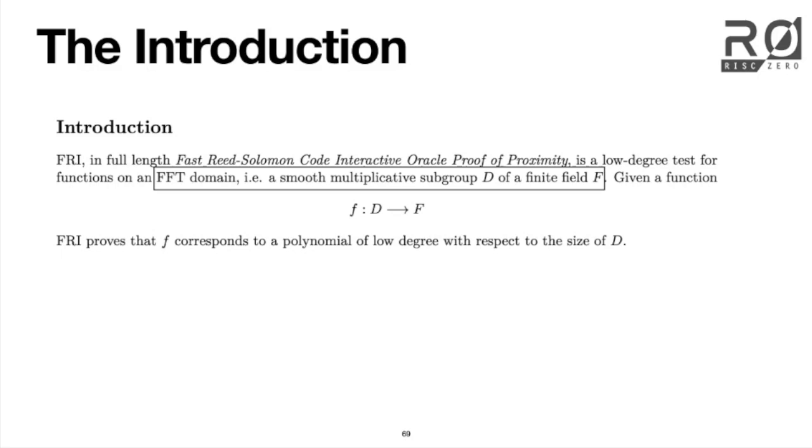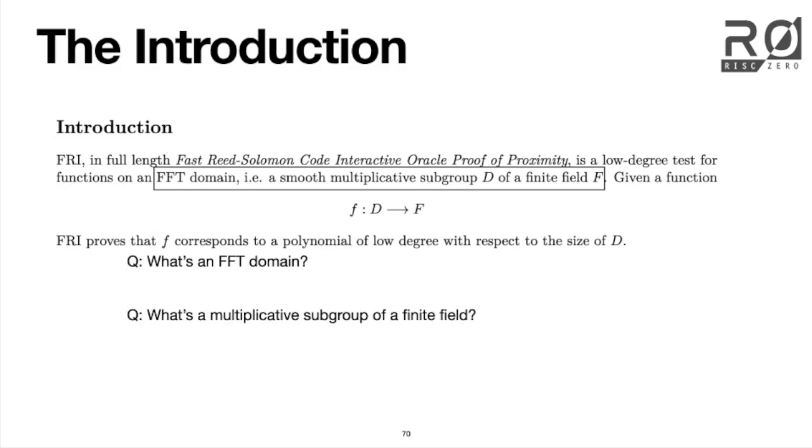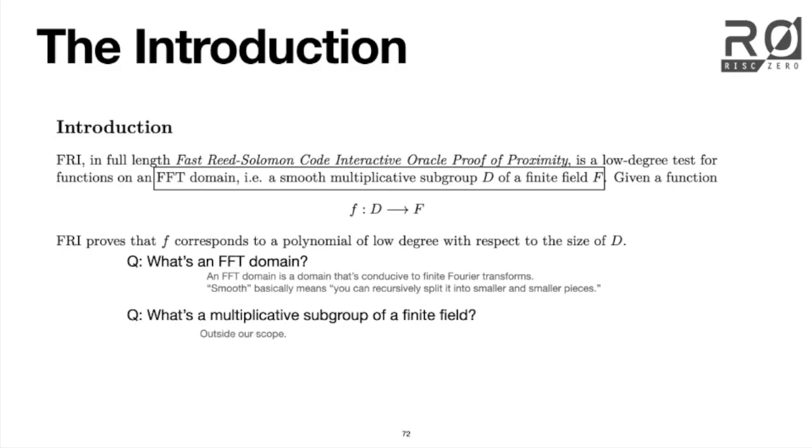Adding in a little more of that language, this is actually the beginning of the paper. An FFT domain, I'm not going to get into this too much, is a domain where you can do finite Fourier transforms. More or less, it means you can split it into smaller pieces over and over again. I'm not going to get into the definitions of those terms.